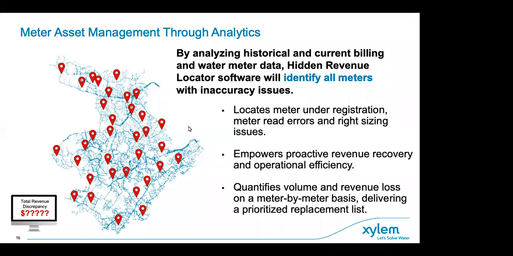So therefore, just changing the meters isn't necessarily going to bring the level of improvement that would be expected. So it is a network issue, and that network issue needs to be addressed. Another point can be that we may find that it is a certain batch of meters that are failing earlier. So a proactive approach could be taken to replace all of those meters before they do really start to lose revenue.